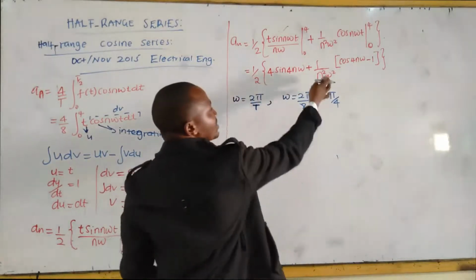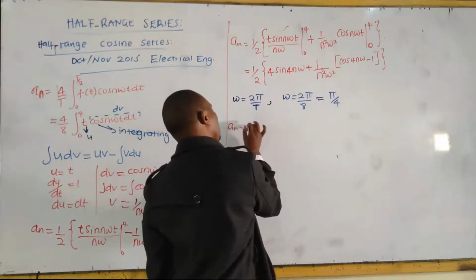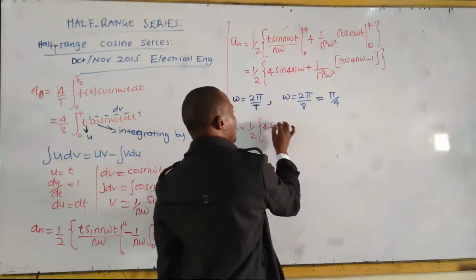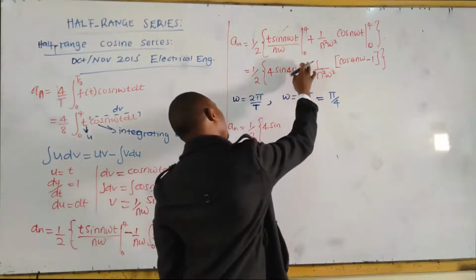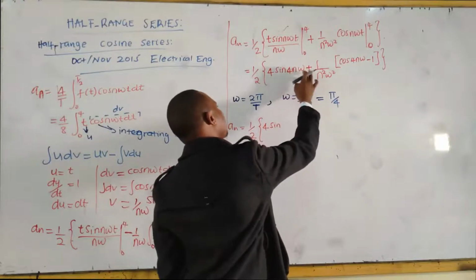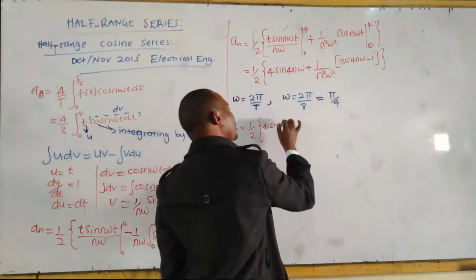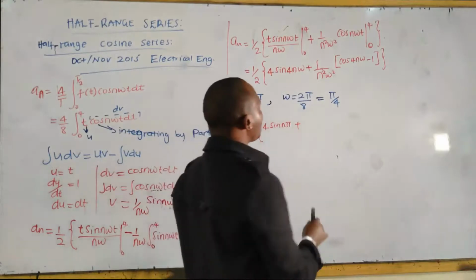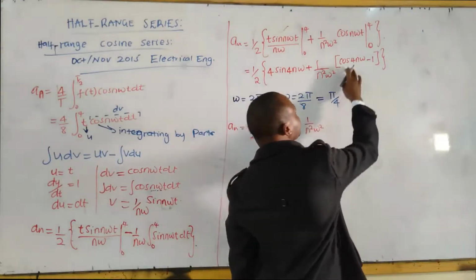Okay, don't bother about this one for the time being. an is equal to 1 over 2, 4 sine. You see, here if I put pi over 4, the 4 and the 4 on the denominator here will multiply out to give you n pi, and then plus 1 over n squared omega squared.